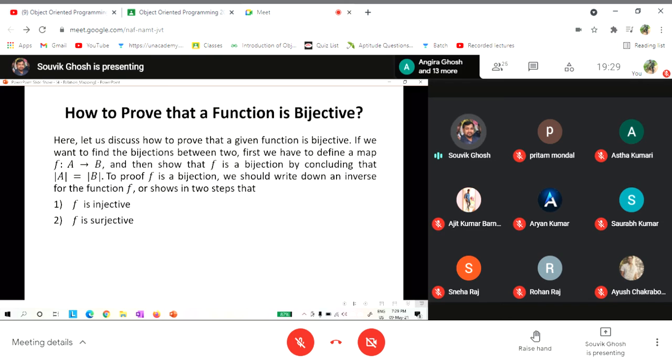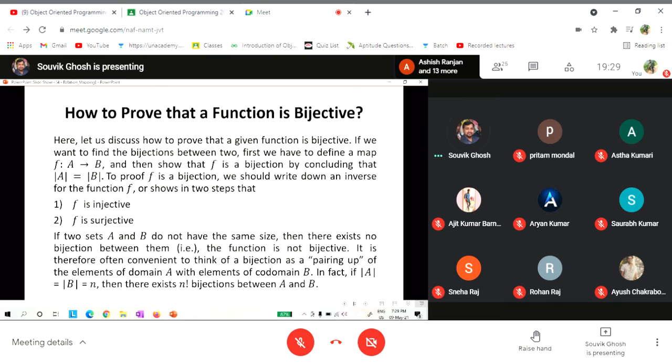If we can prove these two, then we can say that the function F is a bijective function. Now, if two sets A and B do not have the same size, there exists no bijection between them. Obviously, if they have different sizes, there should not be a one-one correspondence between them. So if the cardinality differs between the two sets, then we directly say that there is no bijection.